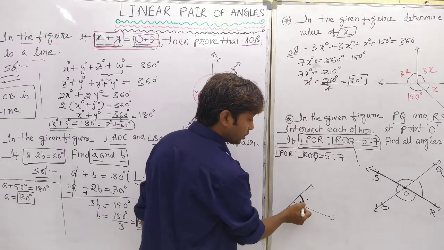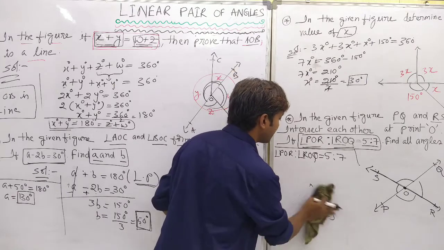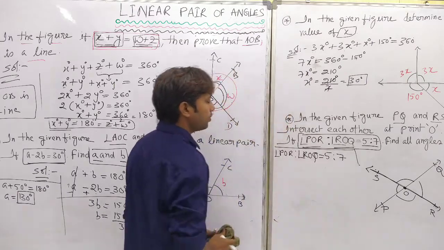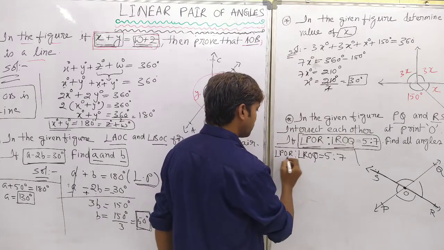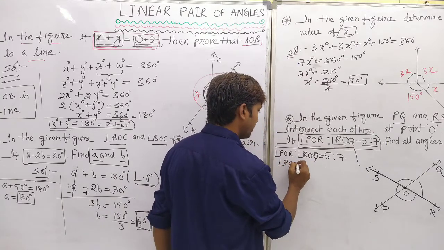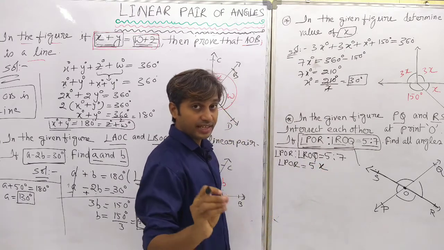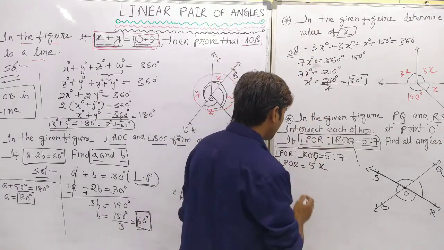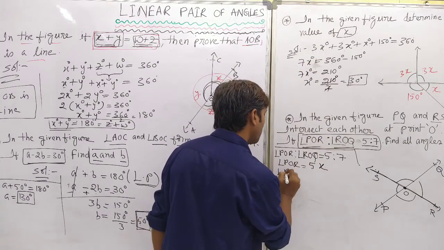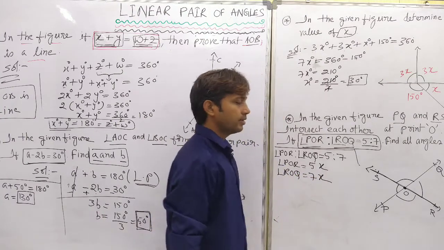That means the sum of these two angles should be 180 degrees. How to do that? See here. Let us find out the values. Angle POR equal to how much? 5x, where x is a ratio constant. You will understand what x is in the ratios topic. Okay. Now angle ROQ equal to 7x.